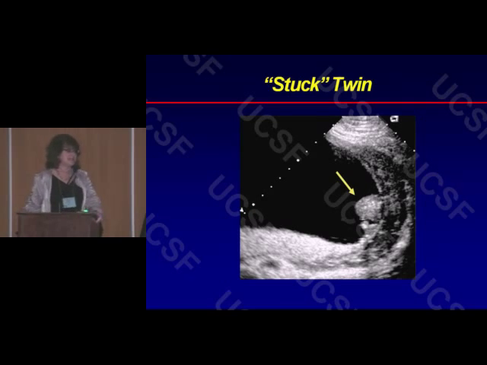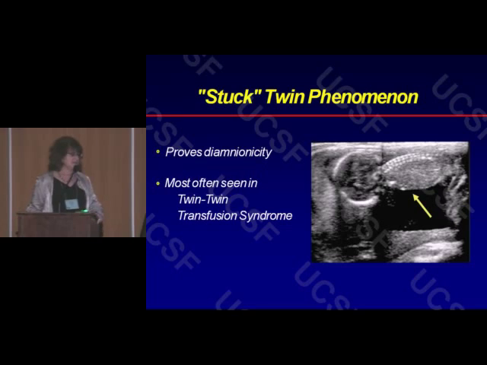The term stuck twin has been introduced in the literature a while ago, and you might use that. It refers to a fetus so oligohydramniotic, so anhydramniotic, that the membrane is holding the fetus up against the uterine wall. The membrane is no longer directly visible because there's no fluid on the internal side of it, but you can confirm its presence because fetuses don't float.